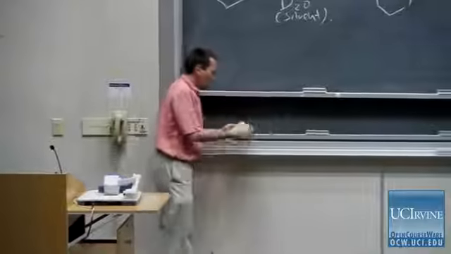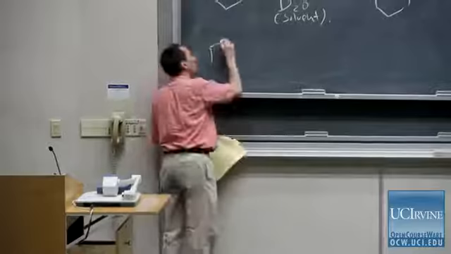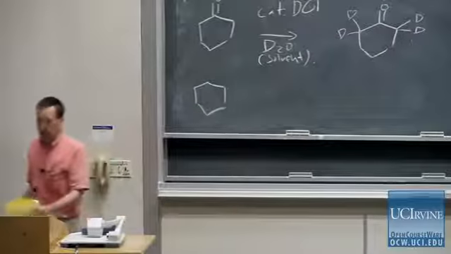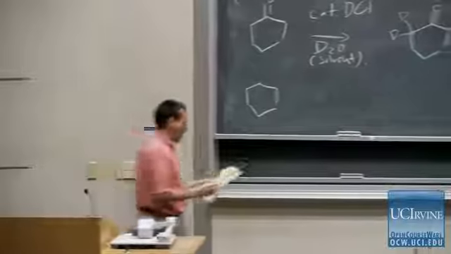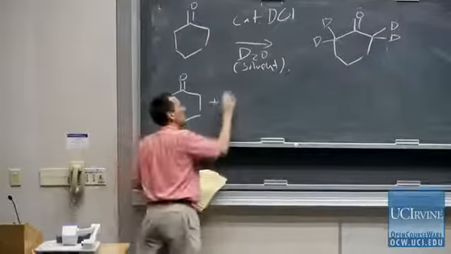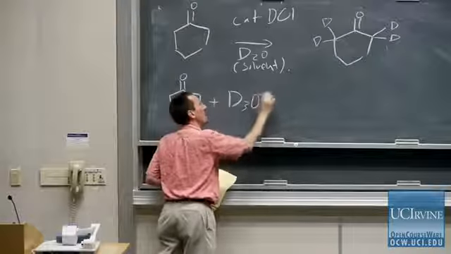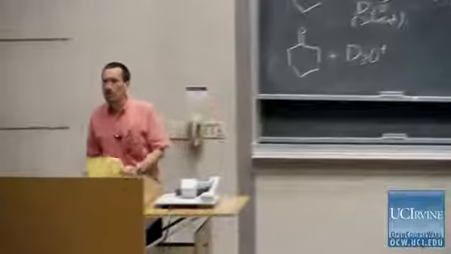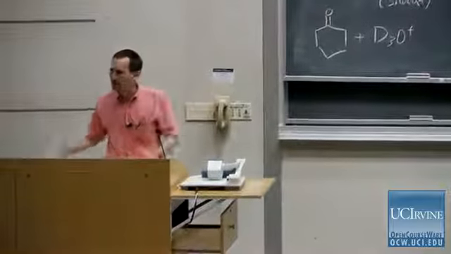All right, so how does this occur? Well, it's the exact same mechanism that we saw before, just repeated over and over again. I'll write this in abbreviated fashion. We can envision that in D2O, we protonate the D2O with DCl.